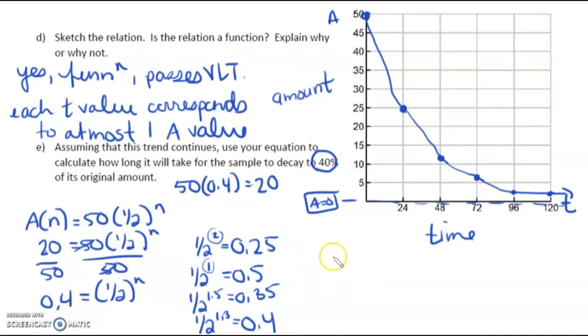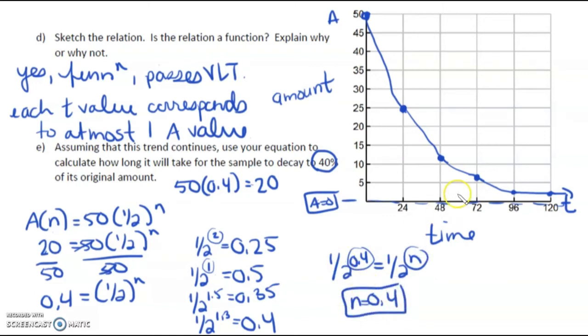So if you think about it, 1/2 to the 1.3 is going to equal 1/2 to the n. So n equals 1.3. This is the number of compounding periods, the number of half-lives we have to go through. To convert that to years, multiply by the number of years that this half-life is.